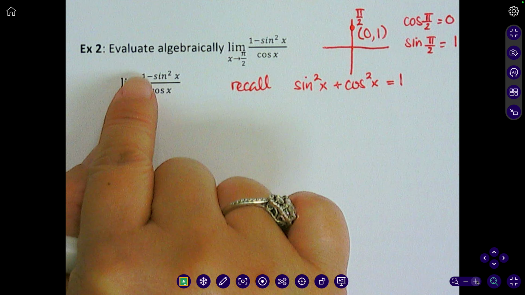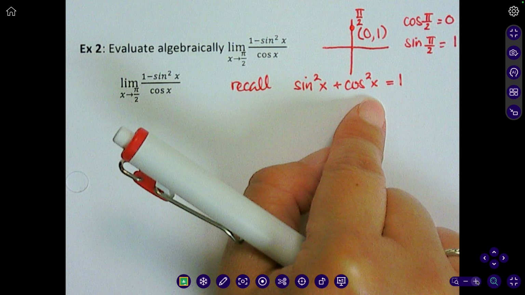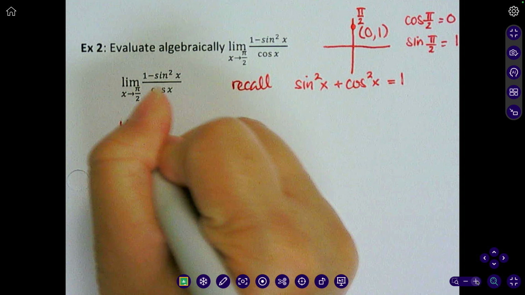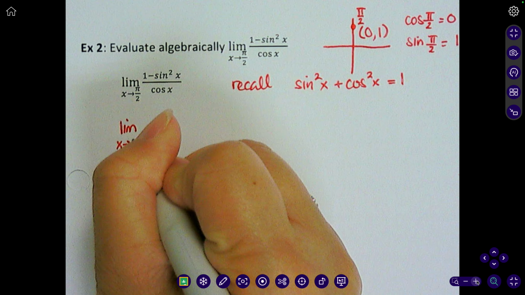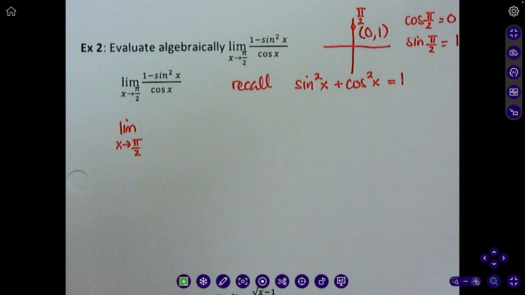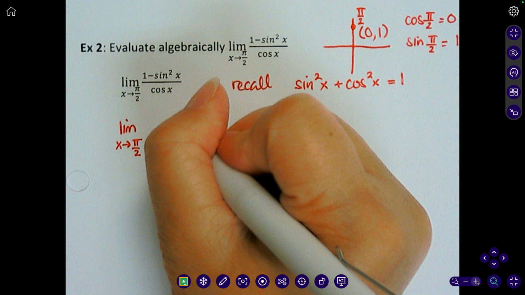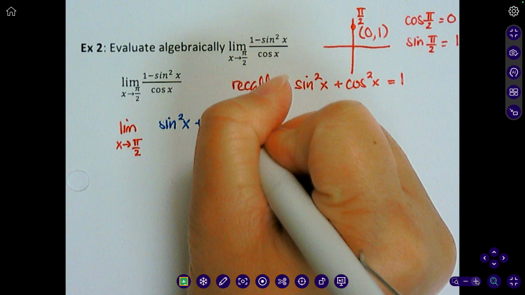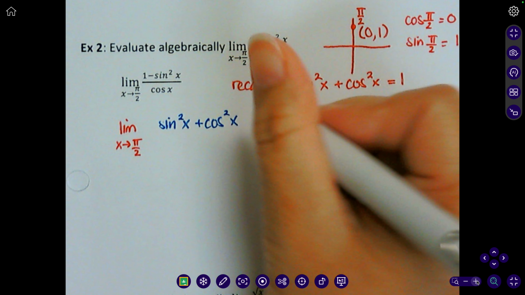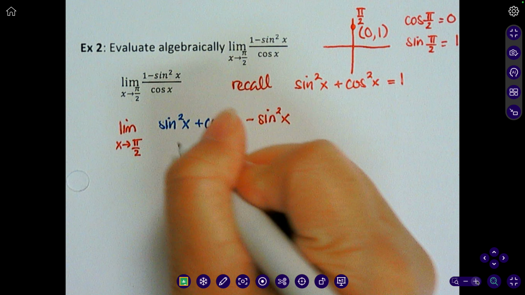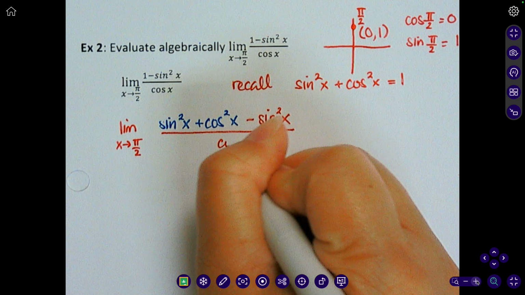We're going to do that down here because I don't have enough space here. So this is the limit as x approaches pi over 2, and that 1, now I'm going to replace with sine square of x plus cosine square of x. Minus, now I'm going to rewrite the rest of the problem as they're giving it to me, like so.